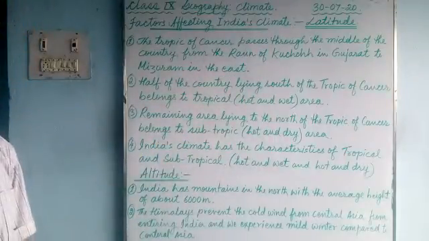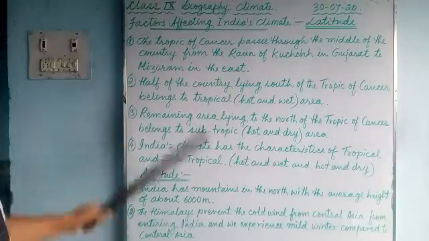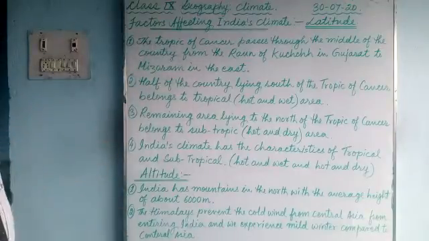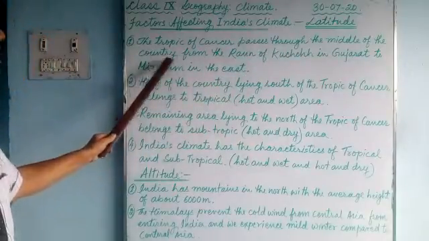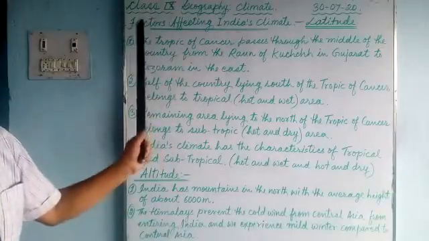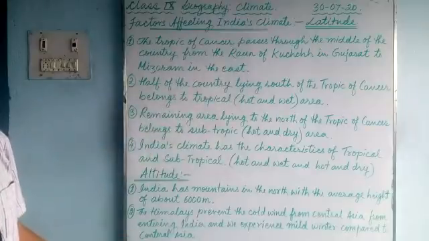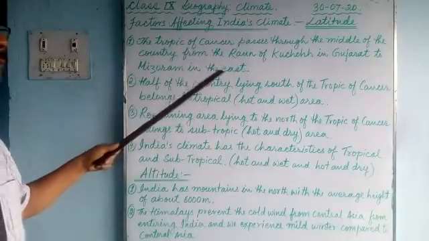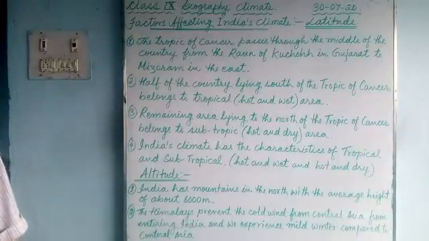Latitudes. Now, as you have already learned in previous classes, the Tropic of Cancer passes through the middle of our country, India, from the Rann of Kutch in Gujarat in the west to Mizoram in the east.